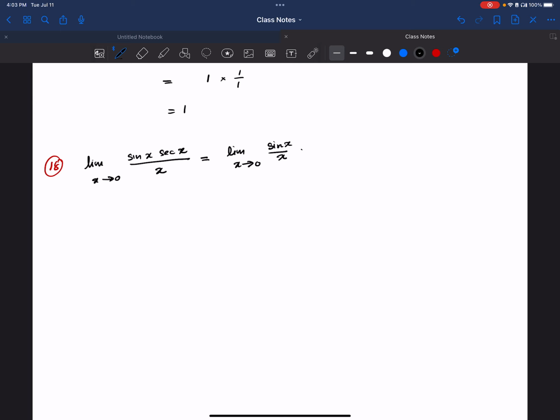Times limit as x goes to 0 of secant x, right? And then this is 1, and this can be written as limit as x goes to 0 of 1 over cosine x, which goes to 1, right? So 1 times 1 over 1 equals 1.